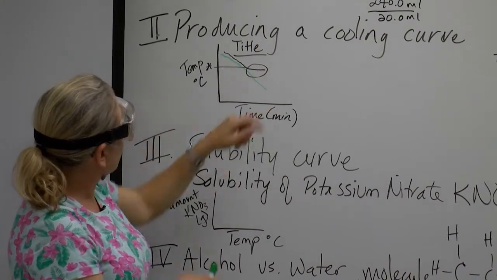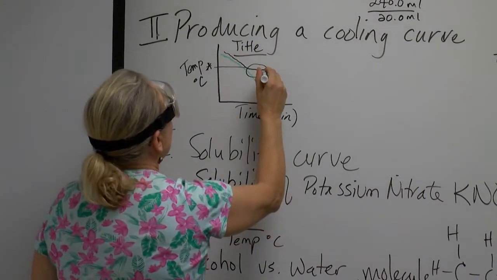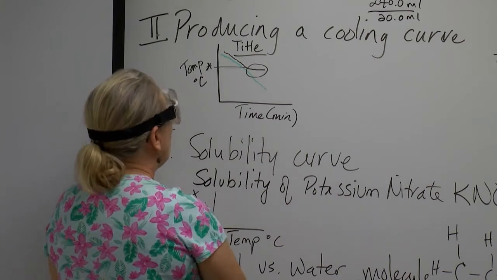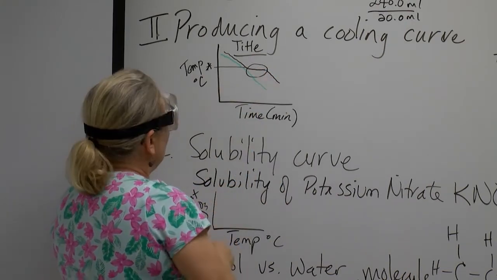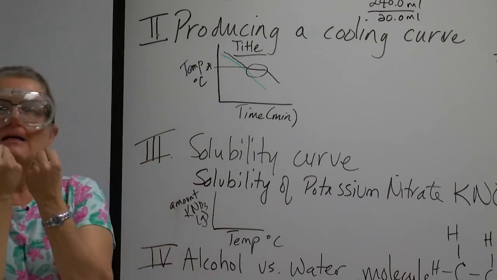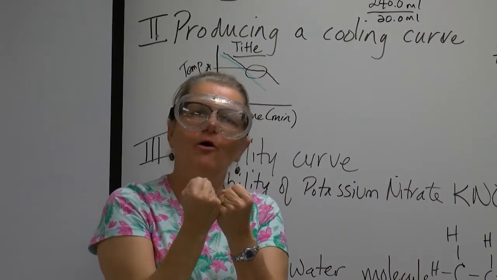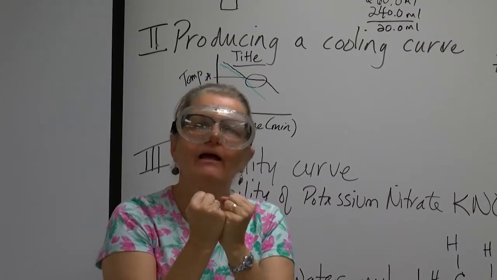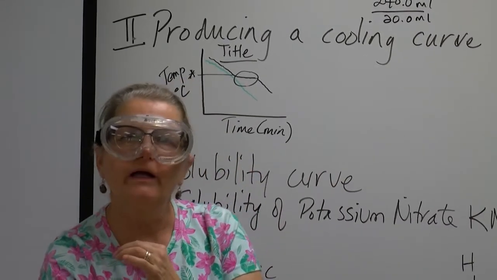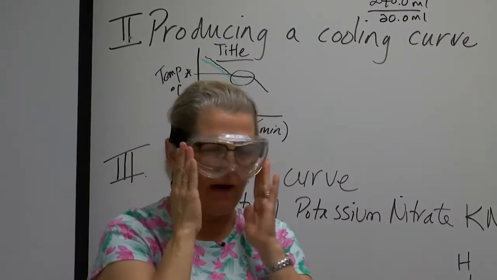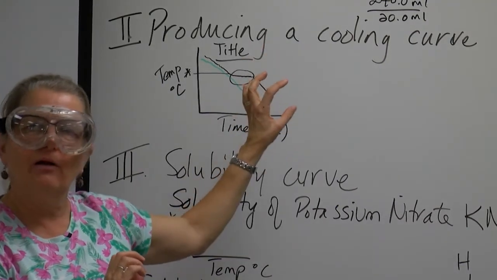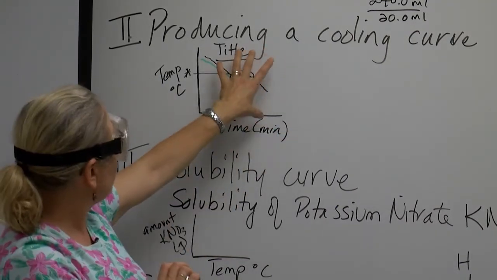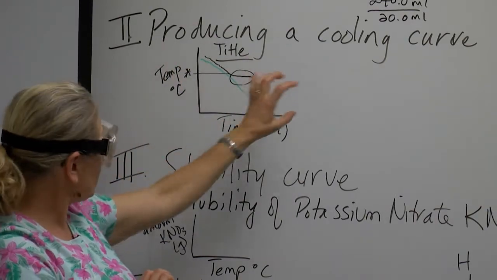This will only continue cooling once all of the solid is formed. All the liquid turns into solid, then it will continue cooling. And you'll see that in the data that I provide. I'm going to provide the data in the data table. You're going to graph the cooling curve.